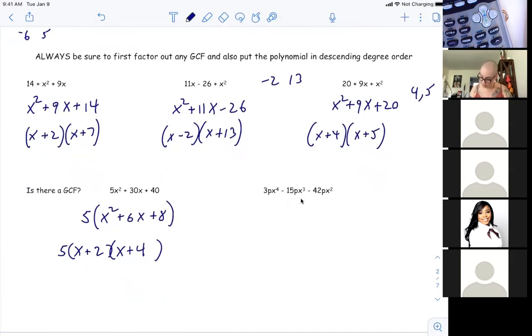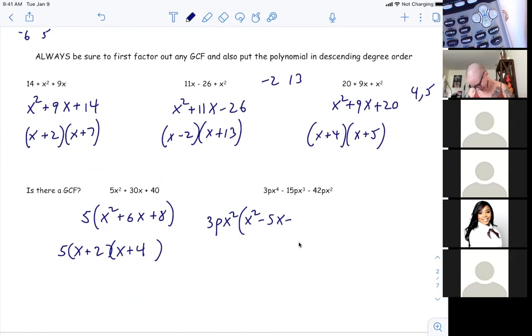See a little more interesting GCF here. We can yank out a 3 and the variable p and x to the second power. I'm going to write 3p x to the second power. And then we need an x squared. See, that'll make 3px to the fourth, and then minus 5x, that'll make minus 15px cubed.